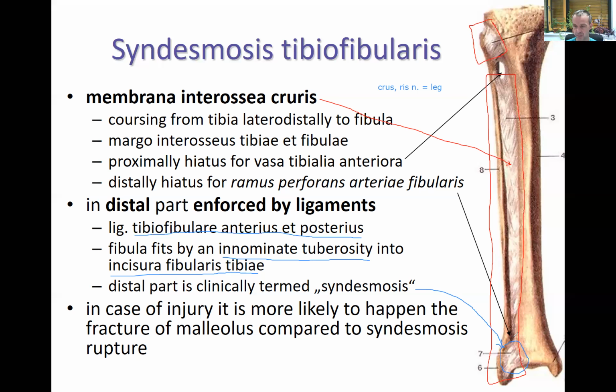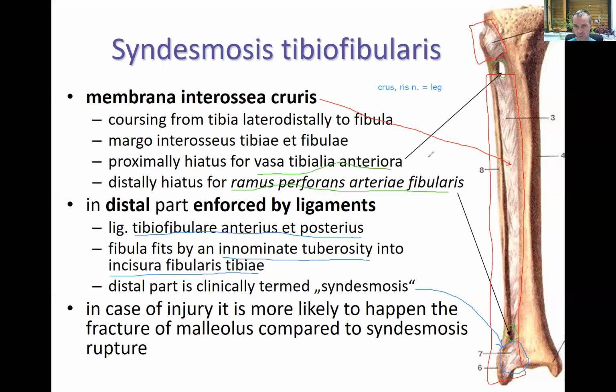Just above it, and below the tibiofibular joint, so below the joint and above the syndesmosis, we can find two openings. These openings serve for vessels to pass through. The superior one serves for anterior tibial vessels. The inferior one serves for a small branch of the fibular artery, which is called the perforating branch of fibular artery.